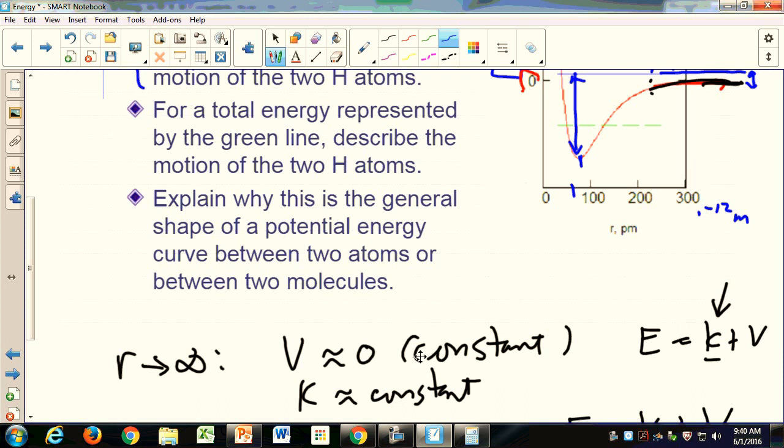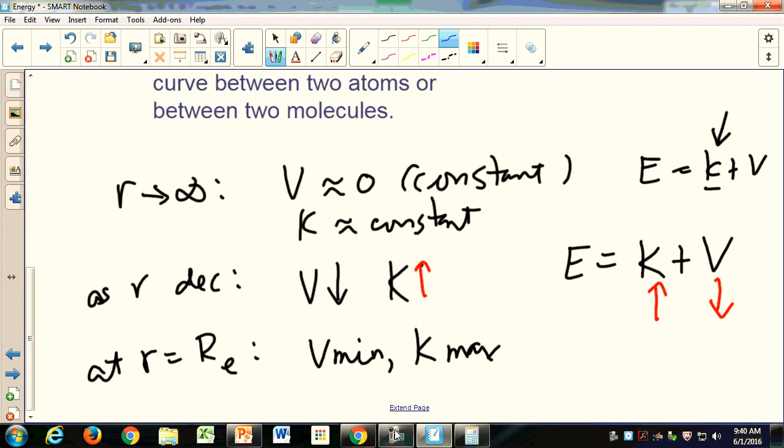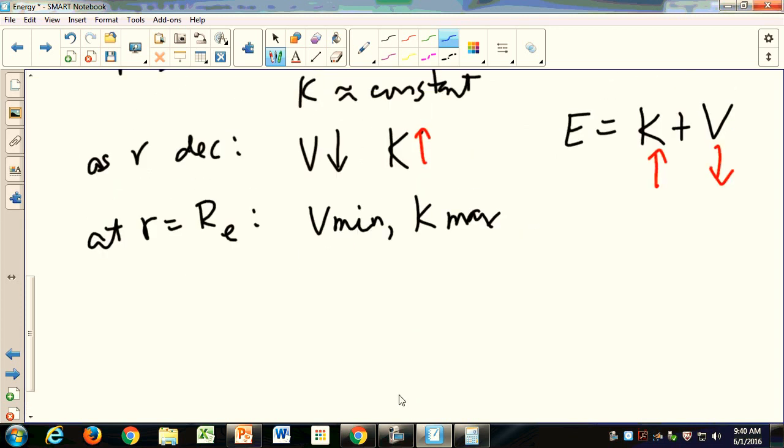What happens to the potential? It increases. So at R less than R sub E, your potential energy starts to rise and your kinetic energy starts to drop. They start to slow down. They're getting too close for comfort. They're starting to repel each other. So that means the repulsive forces are now predominating over the attractive forces.